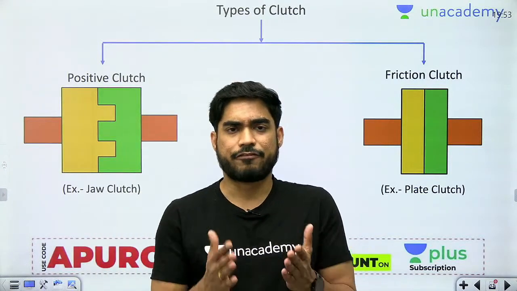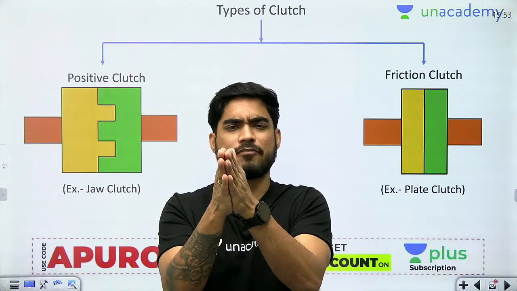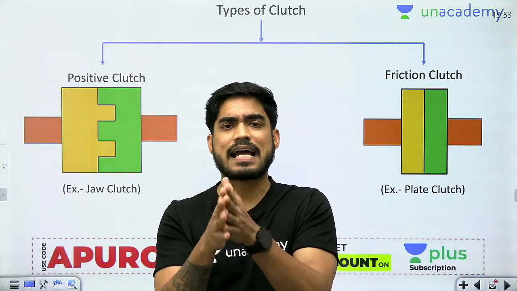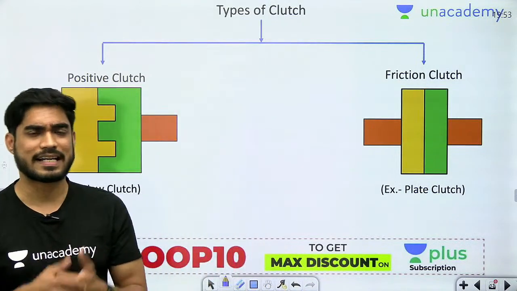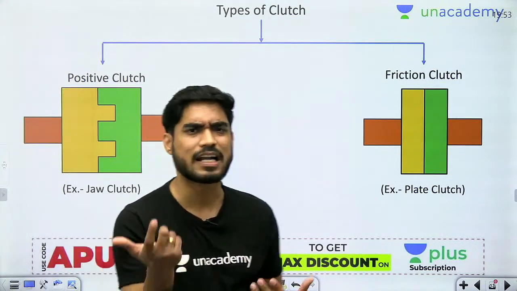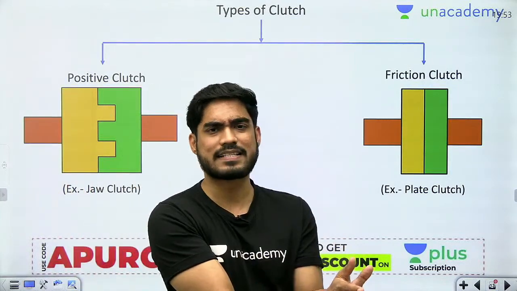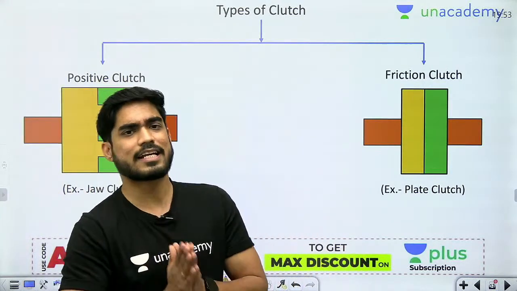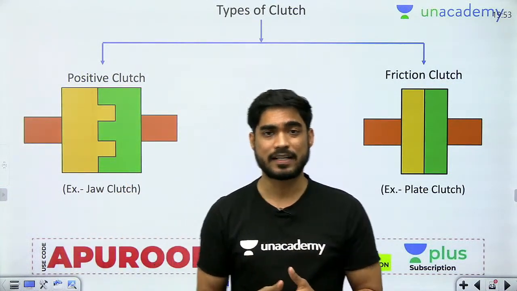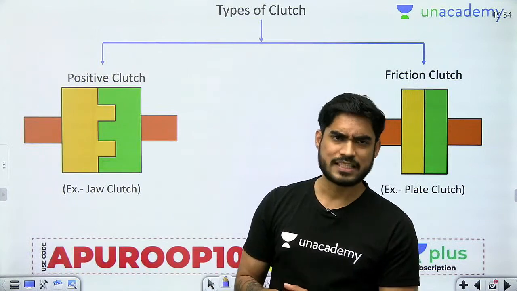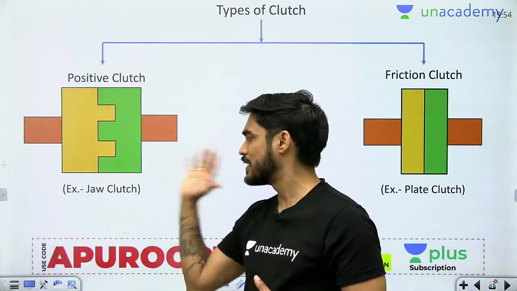And if this part is rotating but this part is stopped for some time, then we say that there is a slip. So this is not a positive engagement, it will be called a negative engagement. We do not use the term negative engagement, because there is a positive engagement and then there is a slip. So positive engagement means there is no slip. And when will we have positive engagement? In case of positive clutch, for example, we have jaw clutch. The example of positive clutch is jaw clutch.